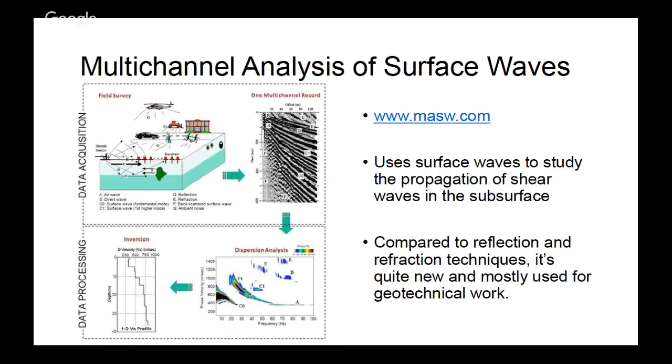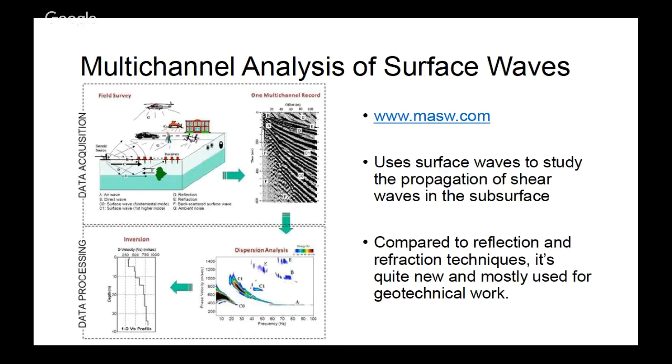With these surface waves, they do what is called a dispersion analysis. The velocity of the waves is dependent on their frequency, and because of that, they're said to be dispersive in nature.